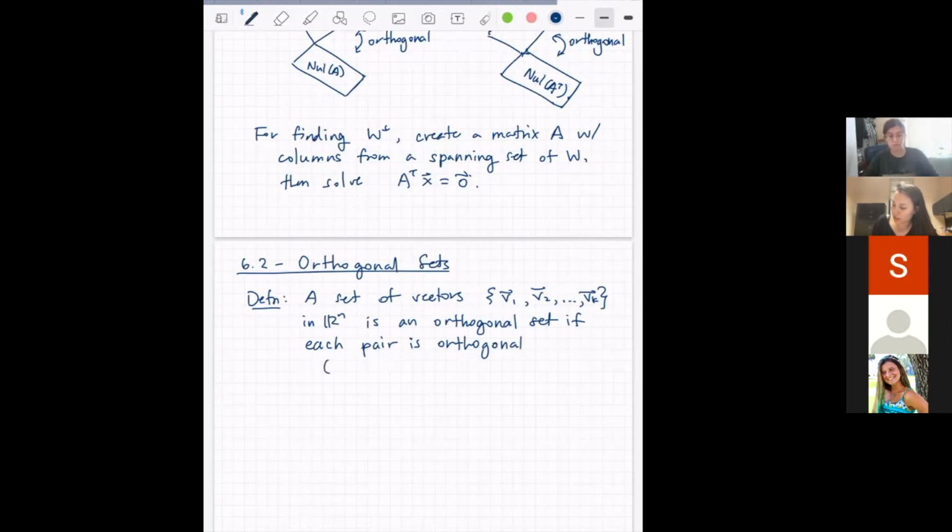That means if we take two distinct vectors, say vi and vj, where i does not equal j, then these are orthogonal, which means the dot product is 0 for any pair.